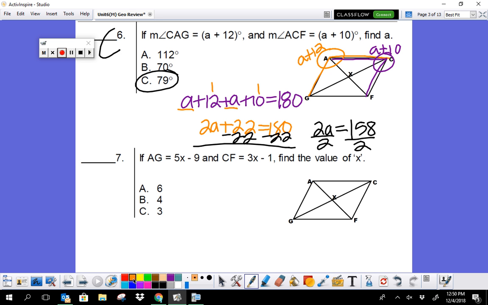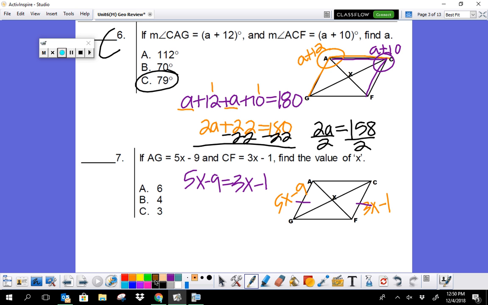Okay, this next one, number 7, if AG equals 5x minus 9, and CF equals 3x minus 1, find the value of x. So in a parallelogram, your opposite sides are congruent, so I'm going to set these equal. So 5x minus 9 equals 3x minus 1.